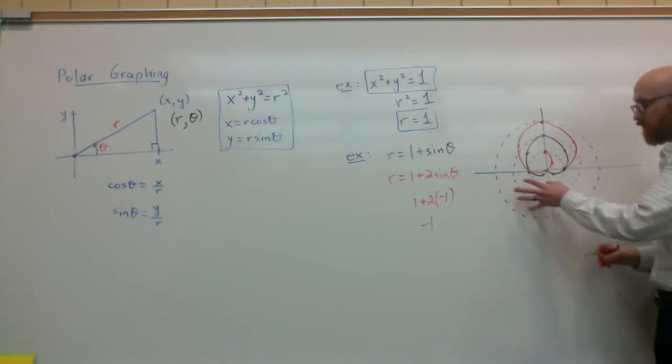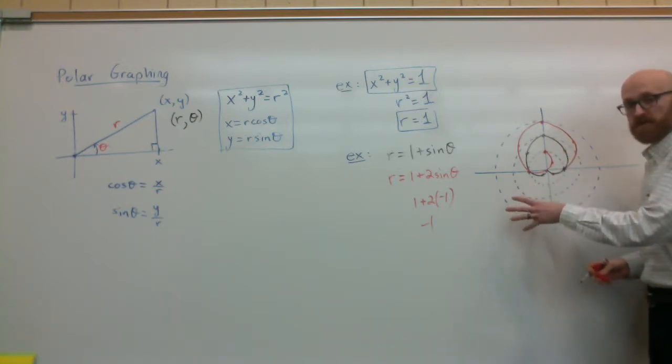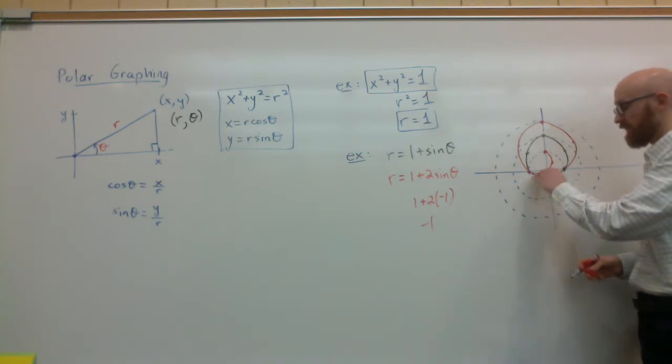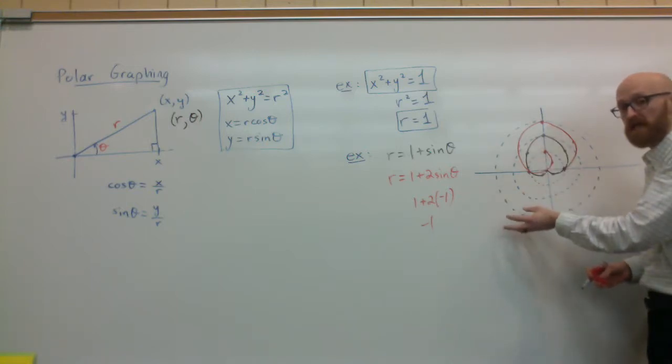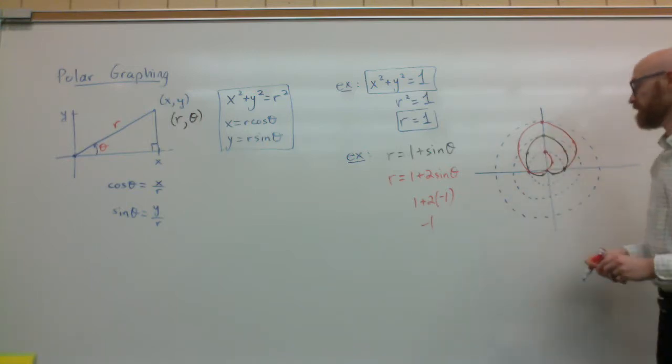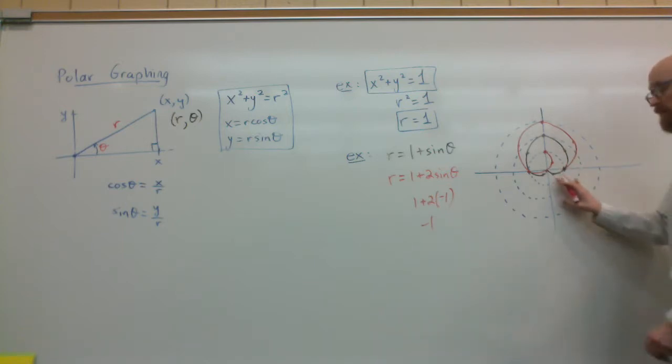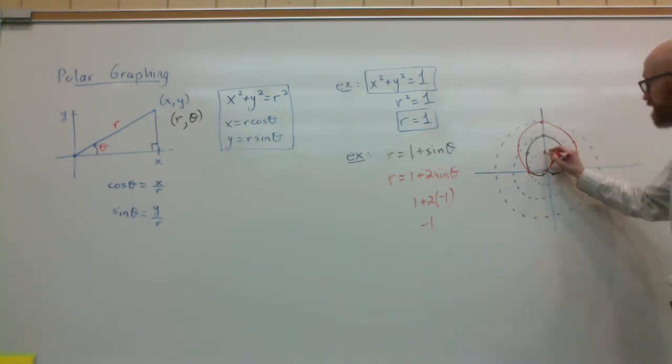So actually, all the angle values after 7 pi over 6 produce points not in the third quadrant, but in the first quadrant. And then if you plug in the fourth quadrant, you'll see the same thing happen.